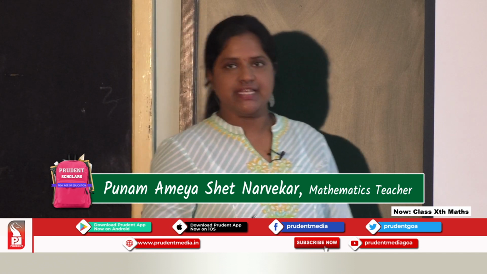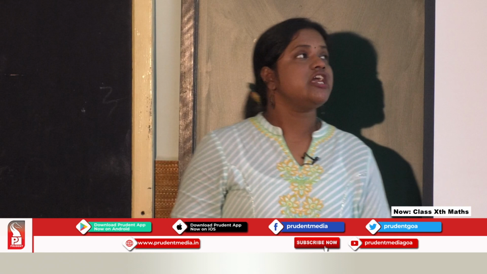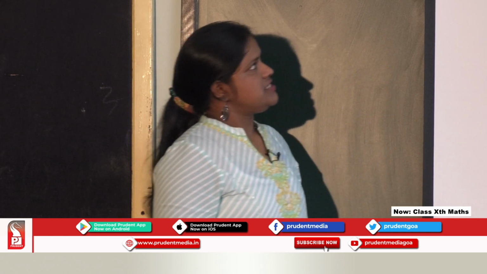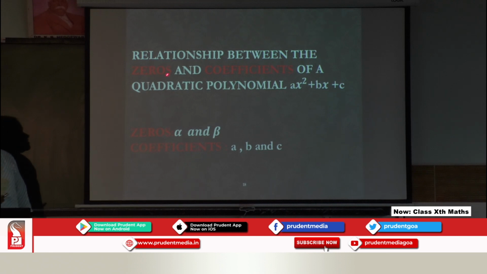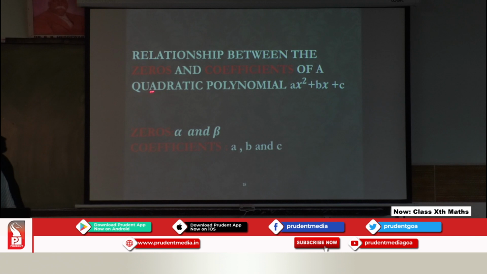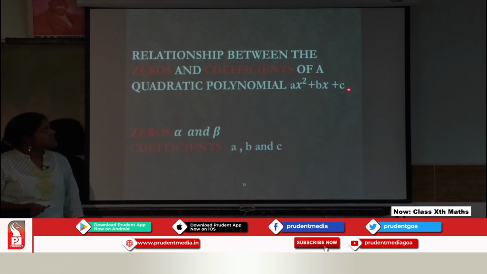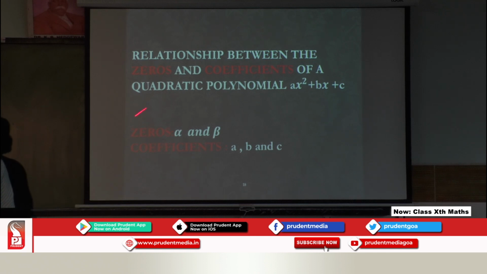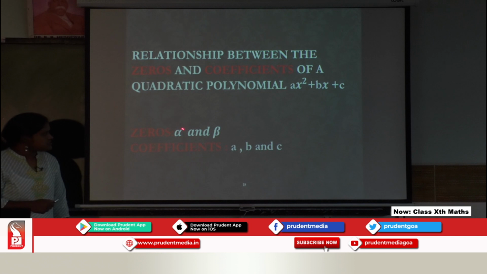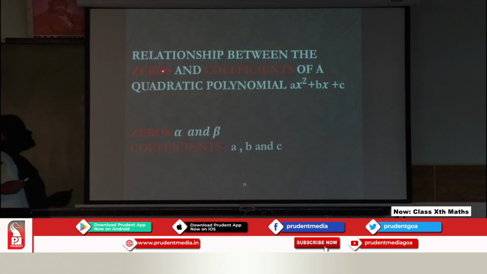So we have learned how to find zeros of a polynomial, especially a quadratic polynomial, when you are given 3 terms, or when you are given first and second term, or when you are given first and last term. Now we'll focus on the relationship between the zeros and the coefficients of the quadratic polynomial ax² plus bx plus c. As far as the zeros are concerned, we will stick to the notations alpha and beta for these zeros.